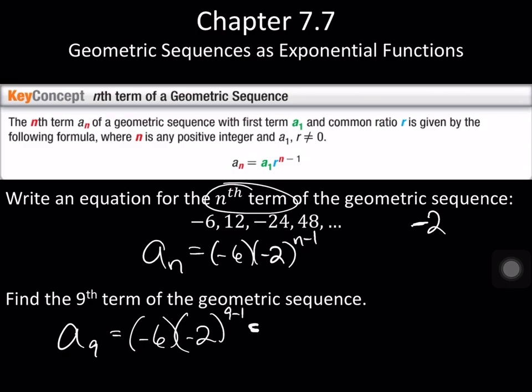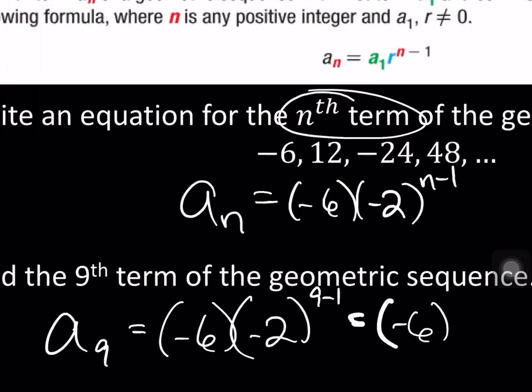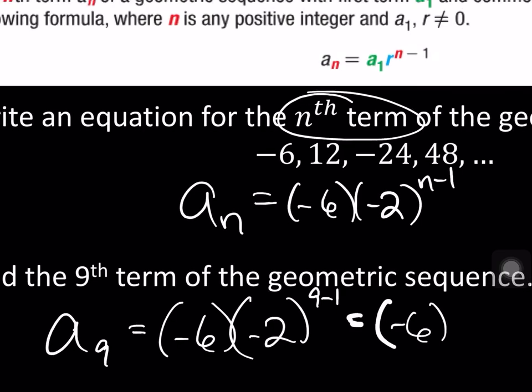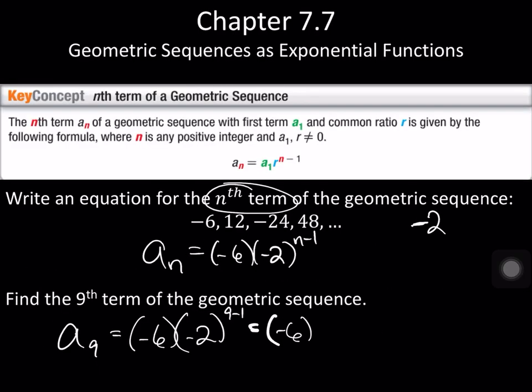All right, so the negative 6 doesn't change. The negative 2 raised to the 9 minus 1, or 8th power, should probably be grouped if you're going to do that on your calculator.